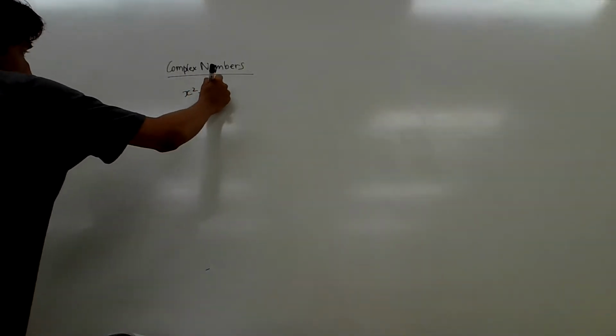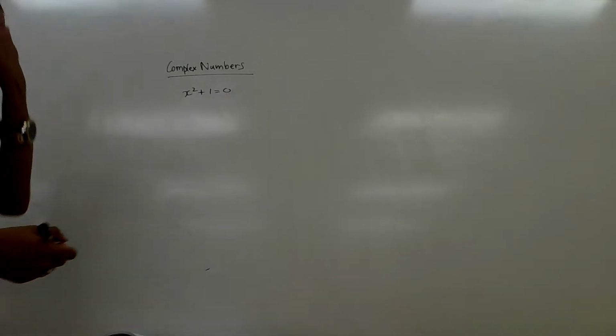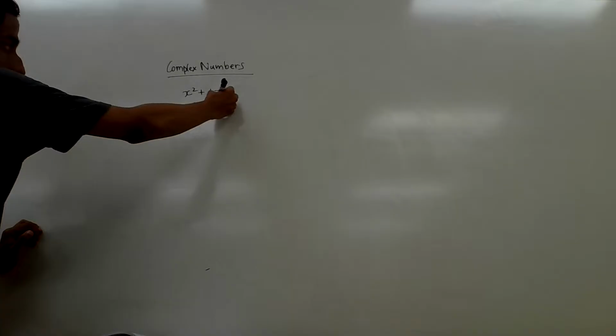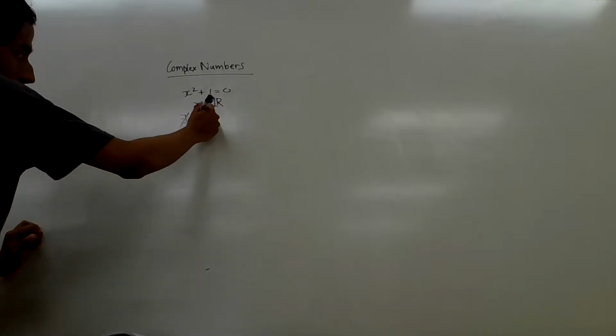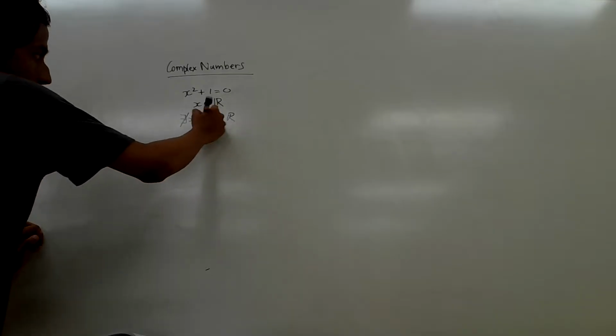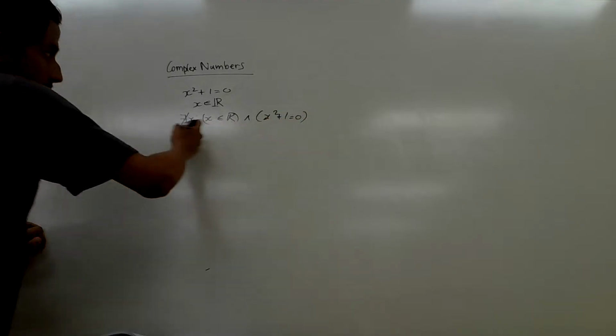Say if you have a quadratic equation, for example, x squared plus 1 equals 0. If you try to find the solution to this, x such that x belongs to real numbers, you will find very easily that there does not exist x such that x belongs to real numbers and x squared plus 1 equals 0. It's a very generalized statement.